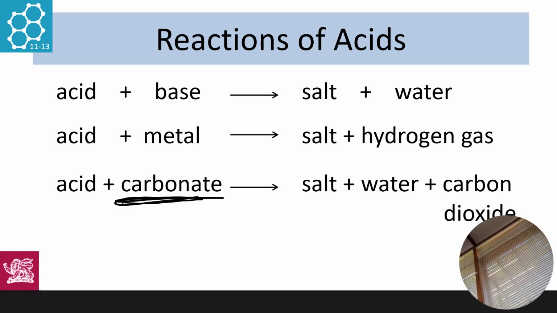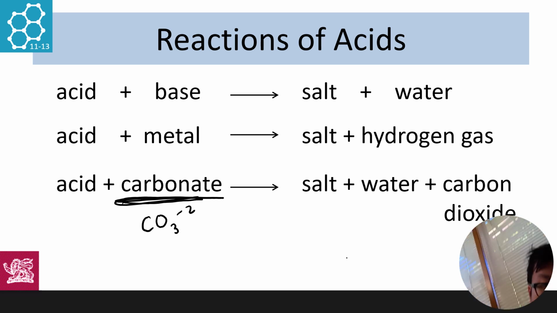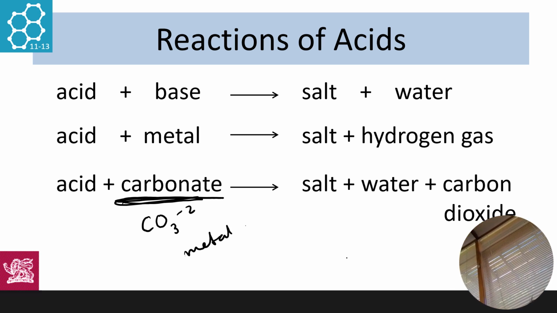A carbonate is just a CO3 negative 2. And so what we mean by reacts with the carbonate is it's reacting with either a metal carbonate or a metal hydrogen carbonate.